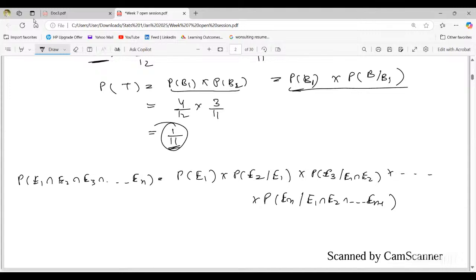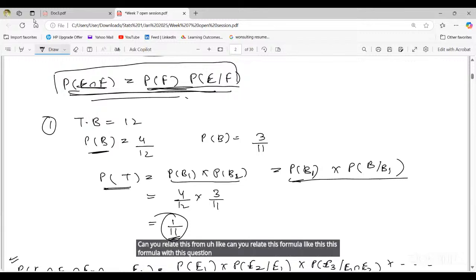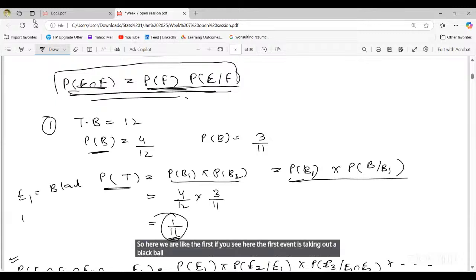Is this formula clear to everyone? Can you relate this formula with this question? Here the first event is taking out a black ball in the first draw, and the second event is taking out a black ball in the second draw.